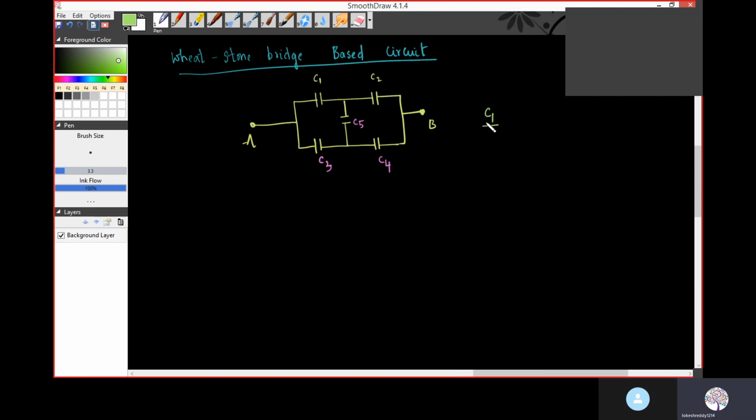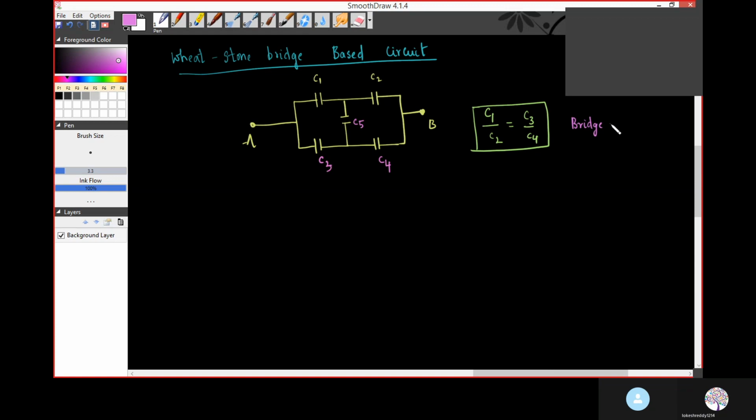Now I'll say the bridge is balanced when C1 by C2 is equal to C3 by C4. When this condition is satisfied, then I will say the bridge is balanced.